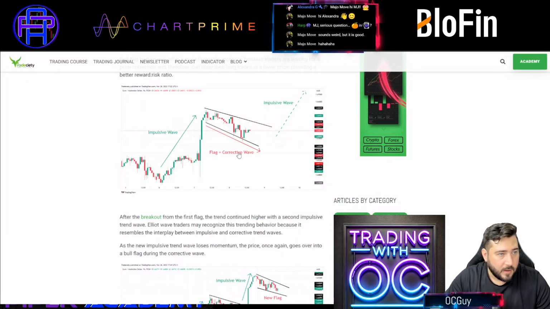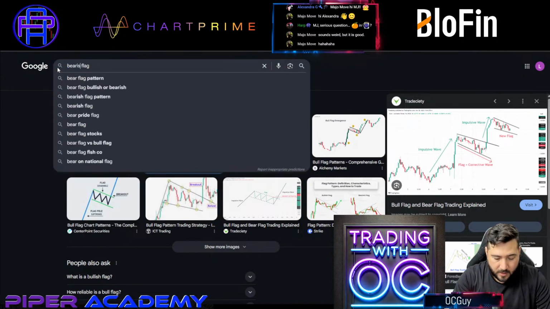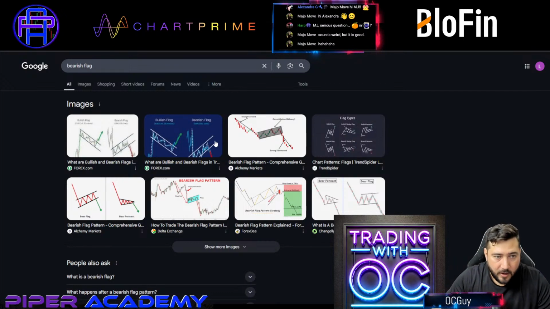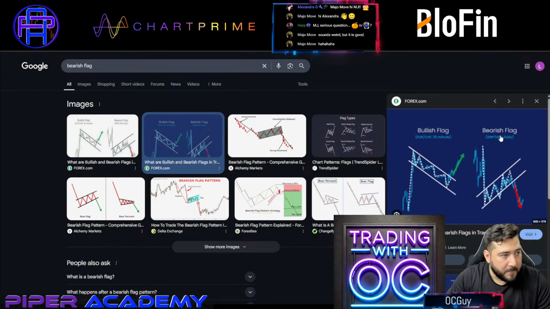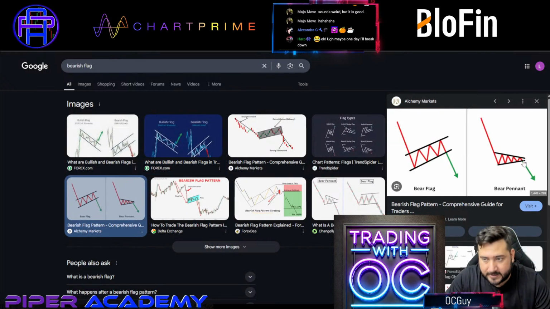All right, having said that, instead of bullish, let's do bearish flag pattern. What happens here on a bearish flag pattern? Here it is, bearish flag versus bullish flag. It also could be right down here a wedge, just like it is in here, bear pattern. You see that?